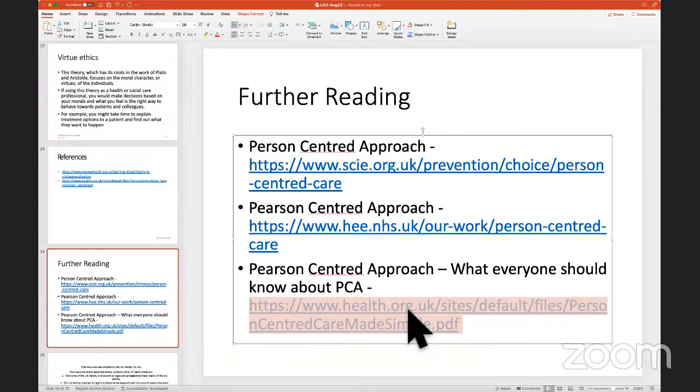Broadly, these articles are all focused within the UK and within the NHS, and they would be quite helpful for you to increase your knowledge about how the person-centered approach is applied within health and social care settings.